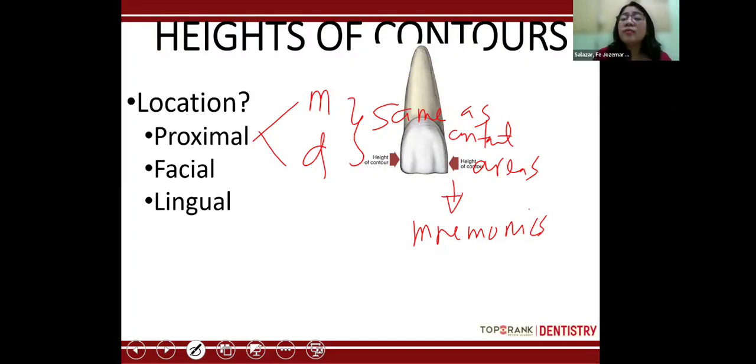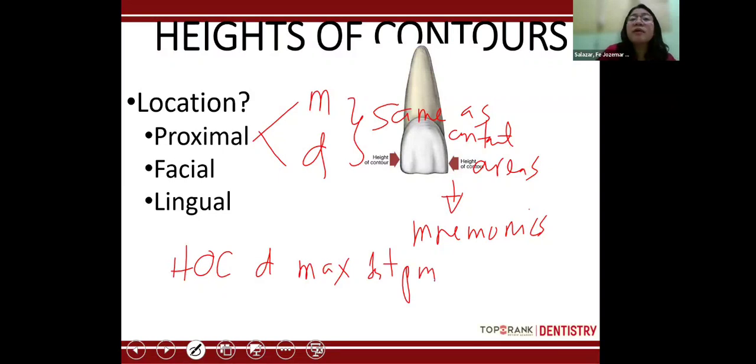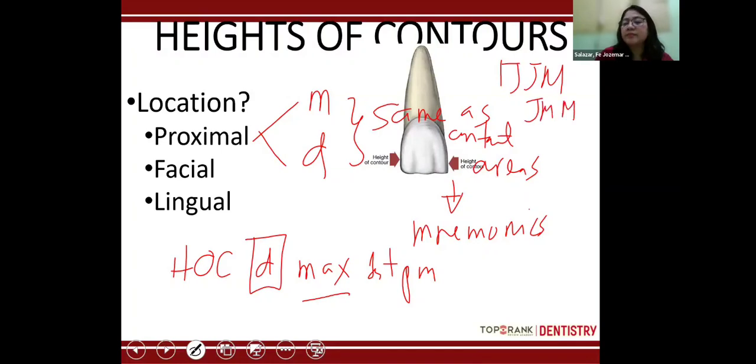Again, kunwari, ang tanong ko sa inyo, where can you find the height of contour on the distal of a maxillary first premolar? What's your answer? Distal. Okay, so maxillary, ano yung mnemonics natin? IJ, JM, JM, M. Diba?